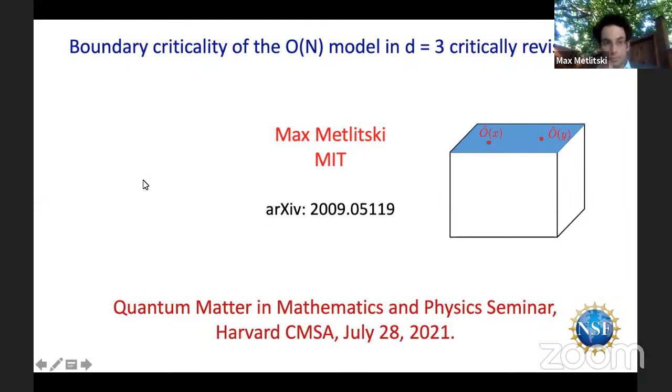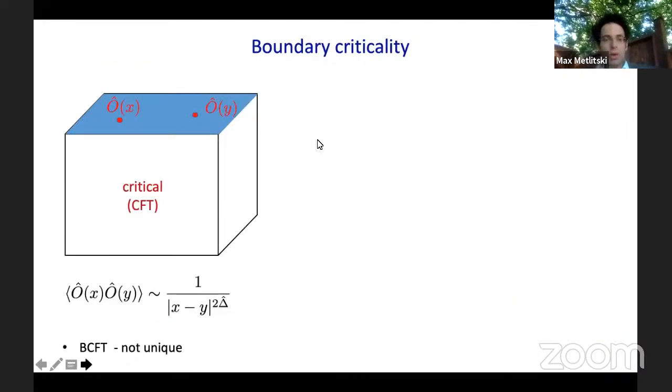I'd like to talk about boundary criticality, and this is an old subject with a history going back to classical statistical mechanics in the 70s and 80s. But I'd like to convince you that some very basic conceptual issues were missed back then. So what is boundary criticality?